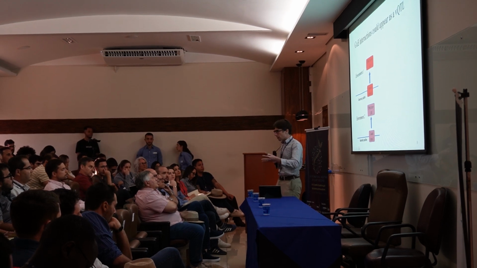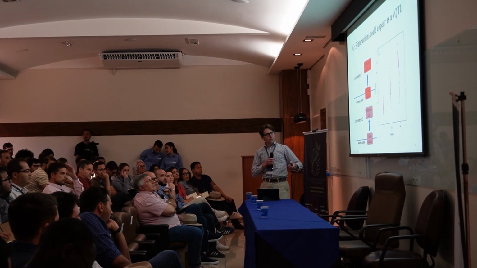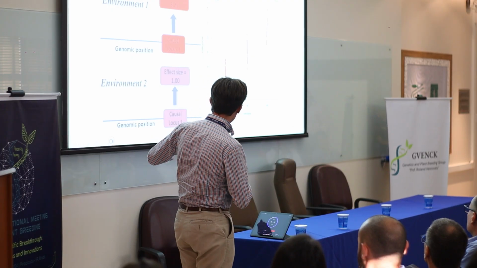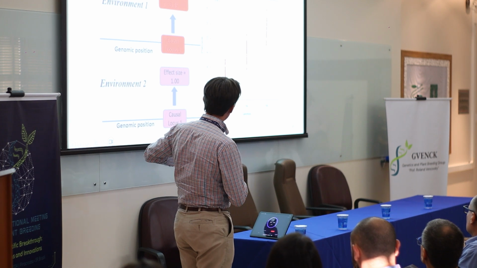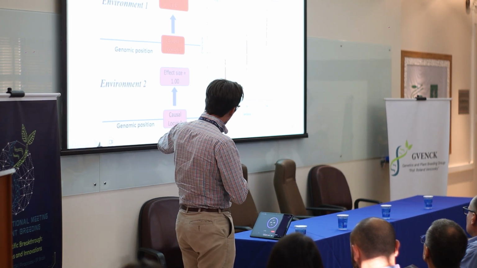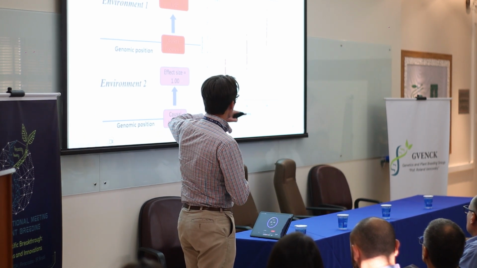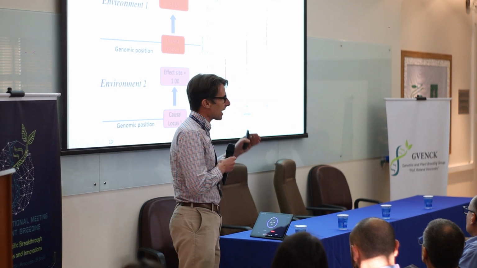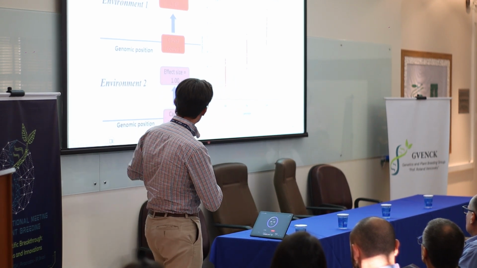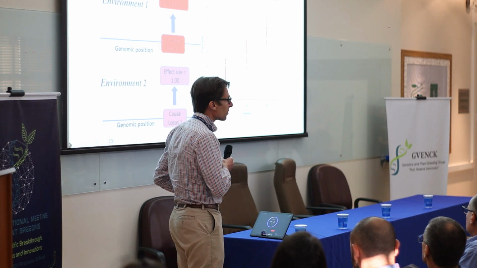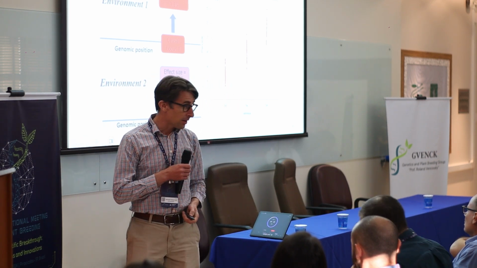Therefore, this is a G by E locus. And look, if we just simulate traits in these two different environments, plot genotype on the x-axis and phenotype on the y-axis, lo and behold, the total variance of the trait increases for each additional capital A allele. And this illustrates why a G by E locus might manifest itself as a variance locus.